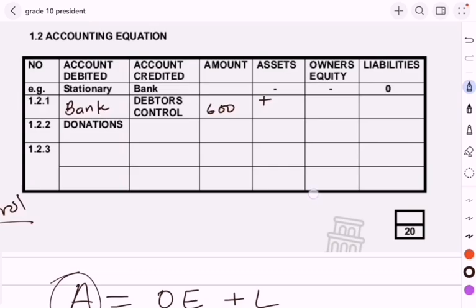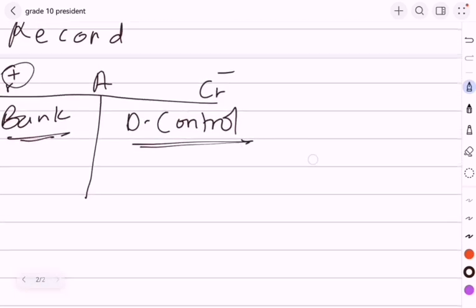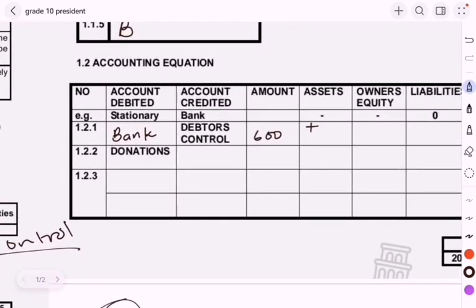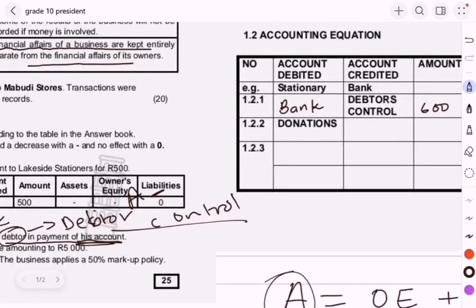Then your debtor's control, don't forget, is also an asset, so it's going to be credited because you are losing your debtors. So it's going to be a minus. Then owner's equity is not going to be affected, and liabilities are not going to be affected. So just like that, you're done with the first transaction.